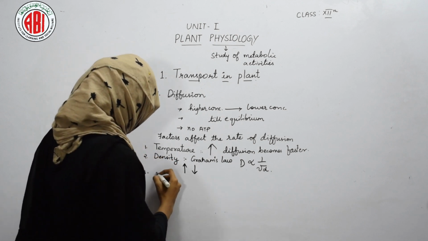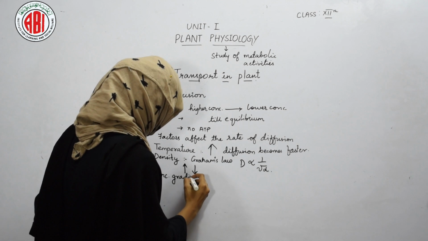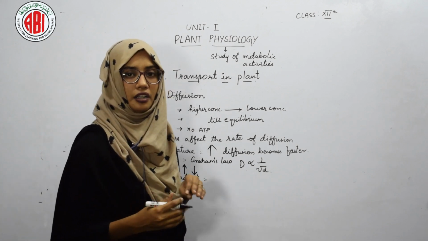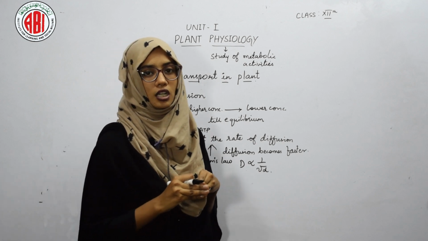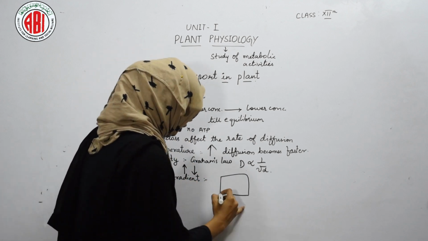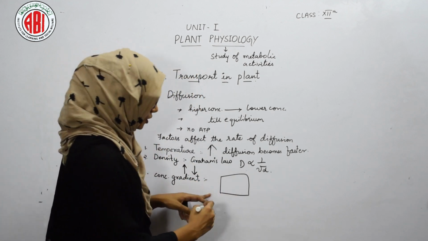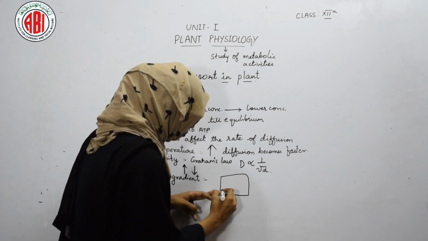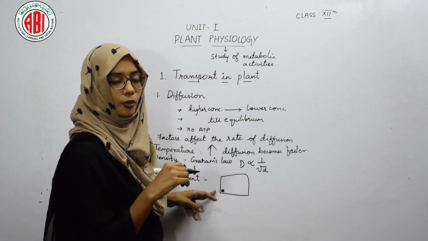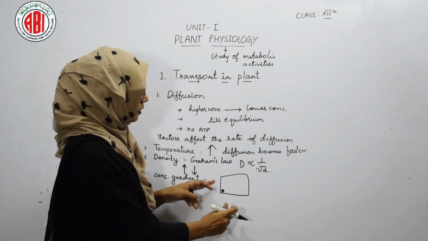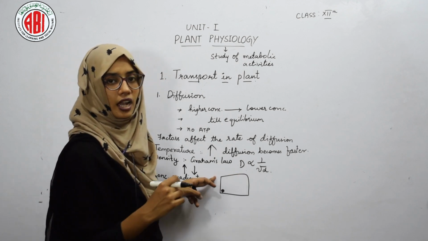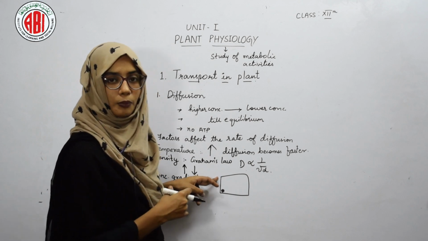The third factor is concentration gradient. If the concentration gradient increases, the rate of diffusion becomes faster. Let's see one example. If we take a tank filled with water and pour some crystals of potassium permanganate in one corner, we can see that the other corners do not possess those particles.